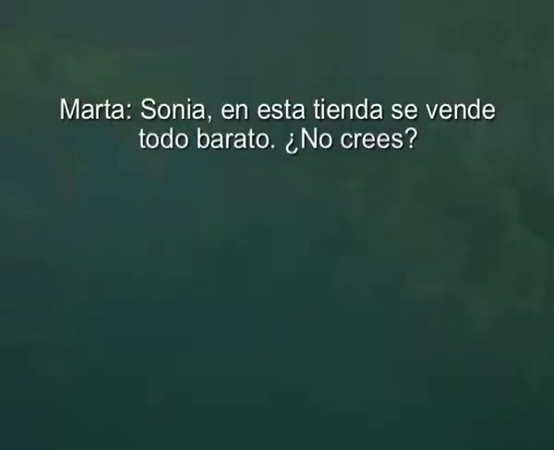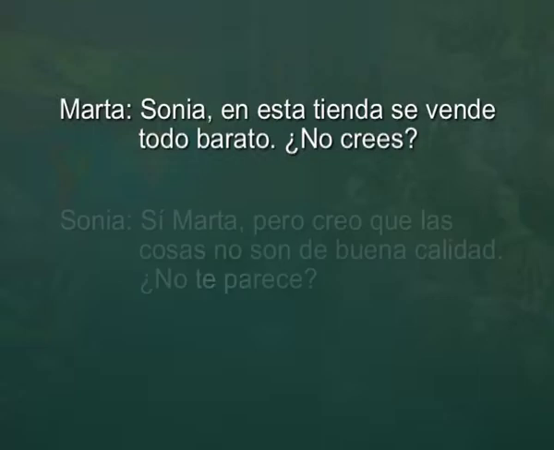Marta is asking Sonia, Sonia, en esta tienda se vende todo barato, ¿no crees? En esta tienda se vende todo barato, ¿no crees? In this shop, everything is quite cheap, isn't it?